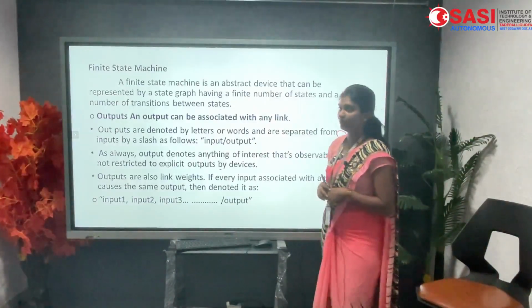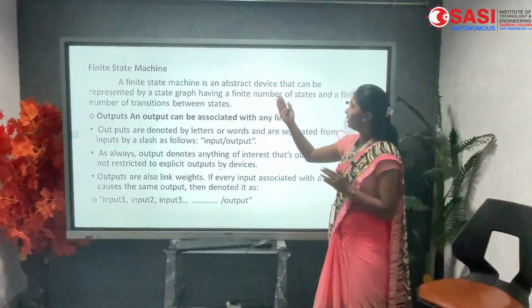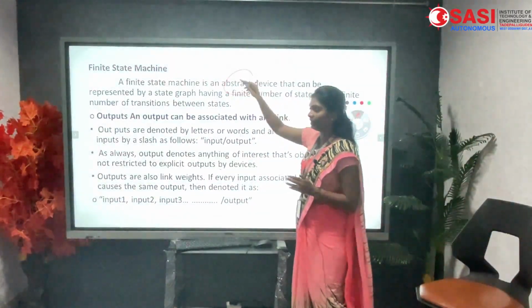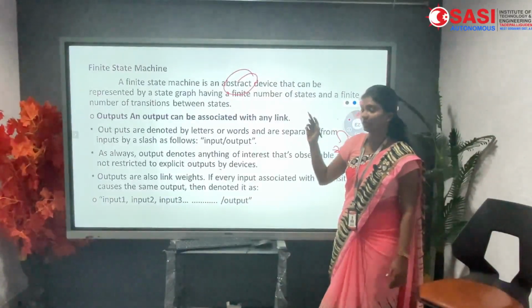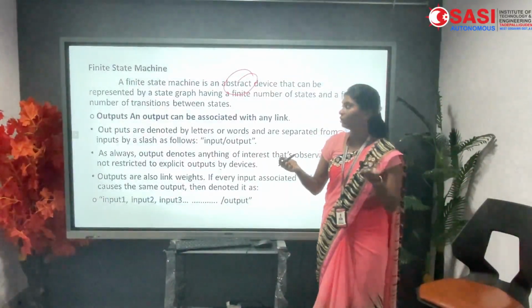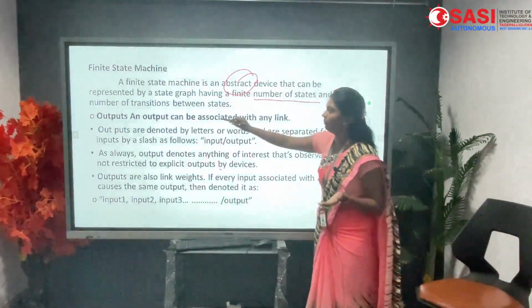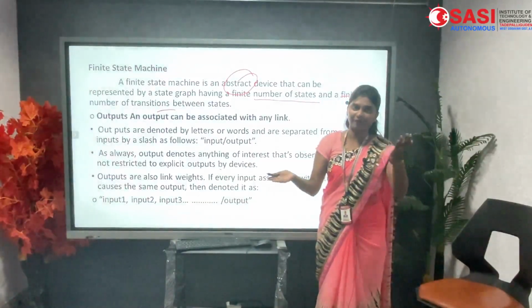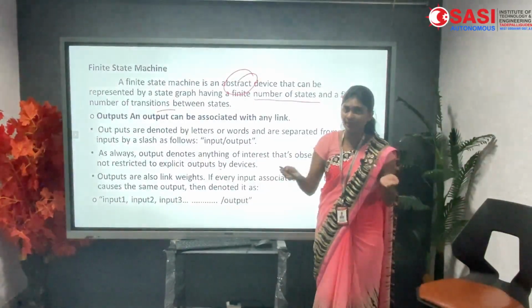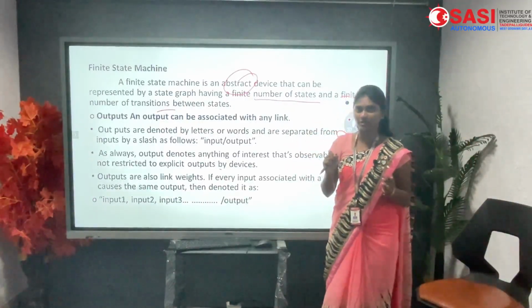A finite state machine is an abstract type. How is it abstract? It defines the structure of the state graph, the structure of the graph between the transition nodes. Between a finite number of states and a finite number of transitions, we develop the particular node, which is the finite state machine.